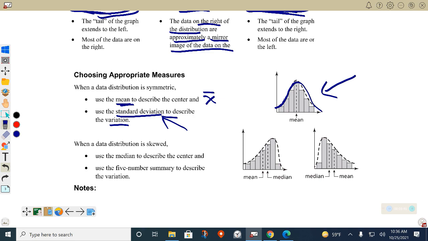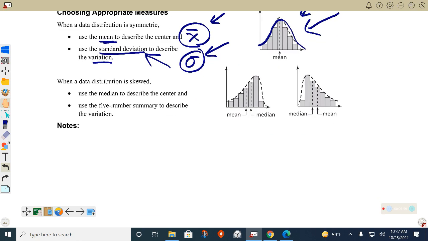What I'm trying to say here is if you ever have data that's symmetric, then you need to use the mean and the standard deviation to summarize it. We summarize it by describing its center, and we use the mean for that. And to describe the variation, we use the standard deviation. But notice here, when a data distribution is skewed, by the way, the word distribution just means a spread.